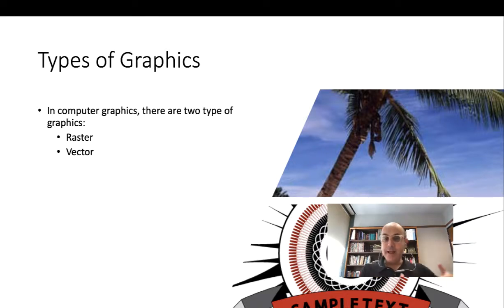But at the end of the day, we will talk about two types of graphics, which is the software application that we often apply to it. In computer graphics, we are talking two types, vector versus raster.